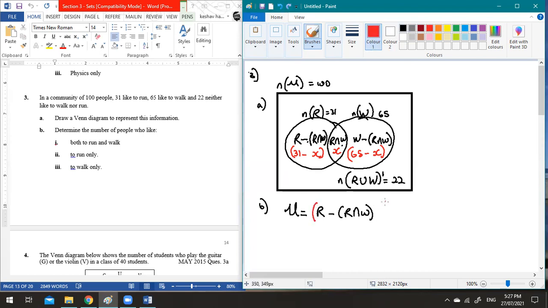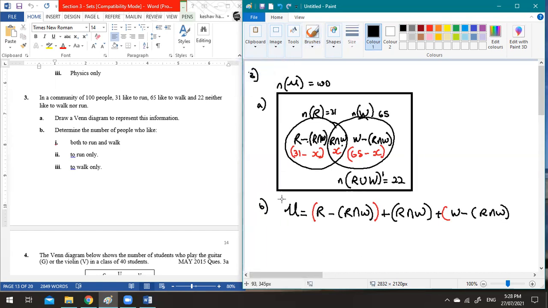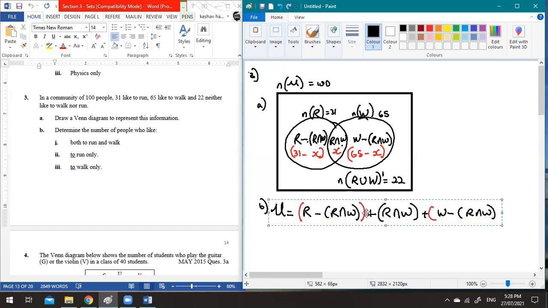So the number of people who like to run only, add the number of people who like to do both, which is X. Let me put it in set notation so you will get it. Number of people who like to do both, add the number of people who like to walk only, which is W minus the ones who like to do both. Right. Let me just fix the distance here.